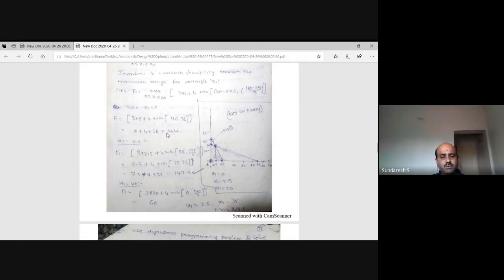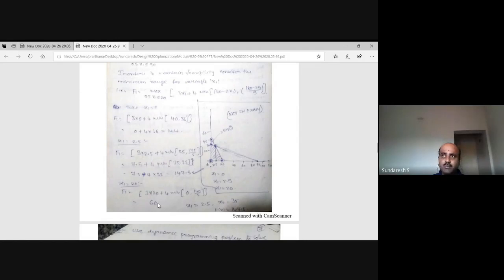F1 should be the maximum value. Using the trial and error method, we have shown only three values here. x equal to 2.5 is also possible. In between, you have to try x1 equal to 20, where they got 60. The minimum value is 0 and the maximum value is 20.